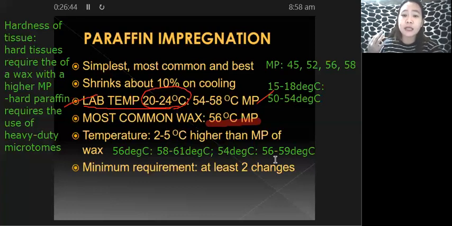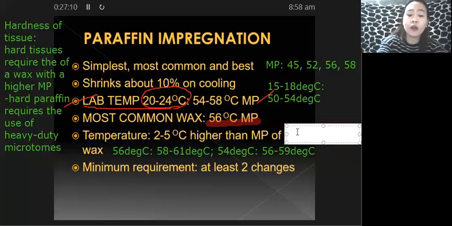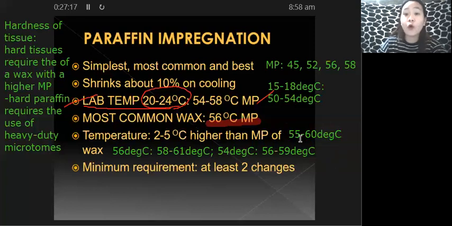A temperature higher than 60 degrees Celsius is considered to be too hot for your tissue sample. Apart from this requirement, we also consider 55 to 60 degrees Celsius, depending upon the paraffin wax that you are going to use.